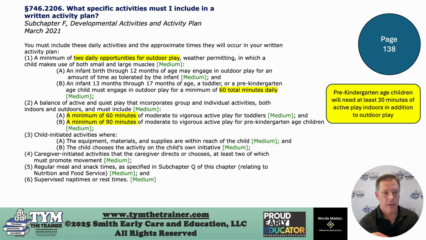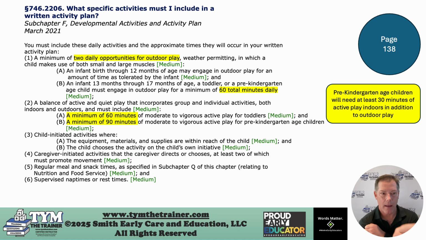Number 2 is where it talks about a balance of active and quiet play that incorporates group and individual activities, both indoors and outdoors, and it must include a minimum of 60 minutes of moderate to vigorous active play for toddlers and a minimum of 90 minutes of moderate to vigorous active play for pre-kindergarten age children.